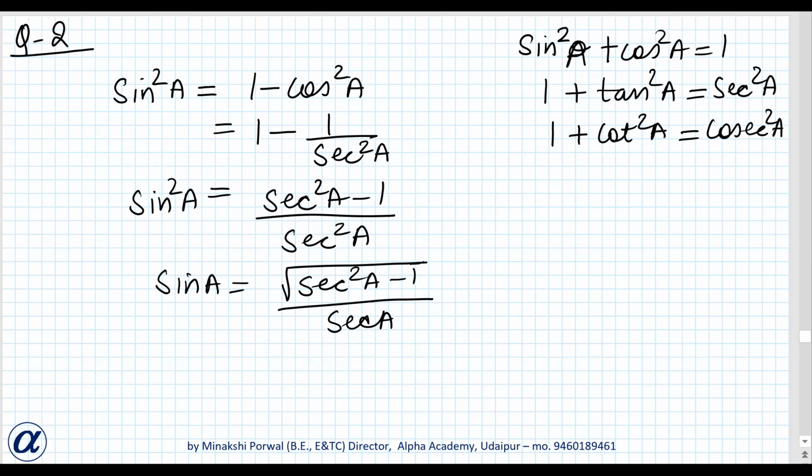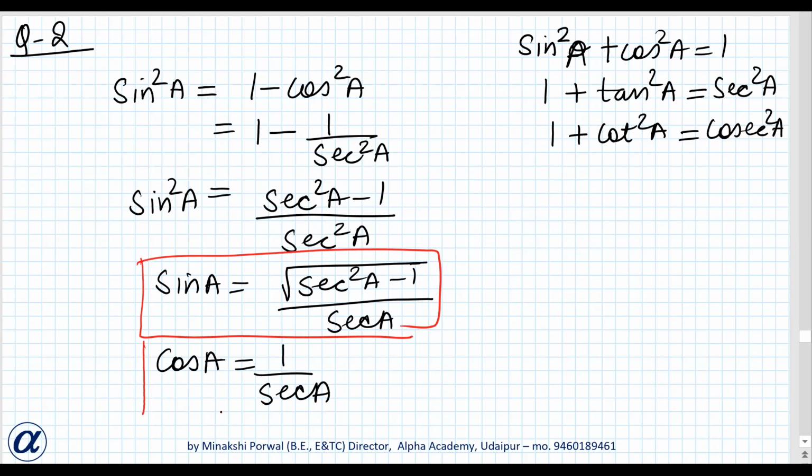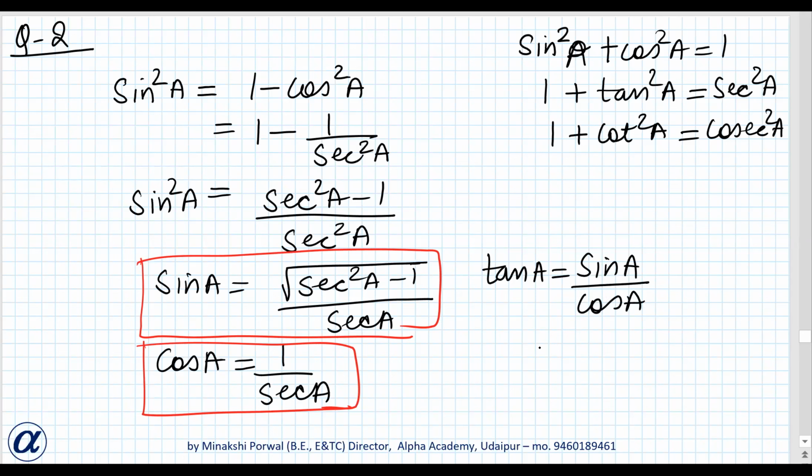Then cos A in terms of sec A: cos A is 1 upon sec A. So sin A we have found, cos A we have found. Tan A is sin A upon cos A, so we have already written sin and cos in terms of sec A, so now it's easy.